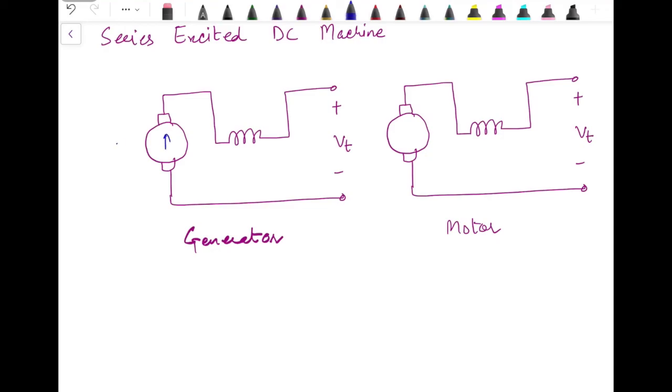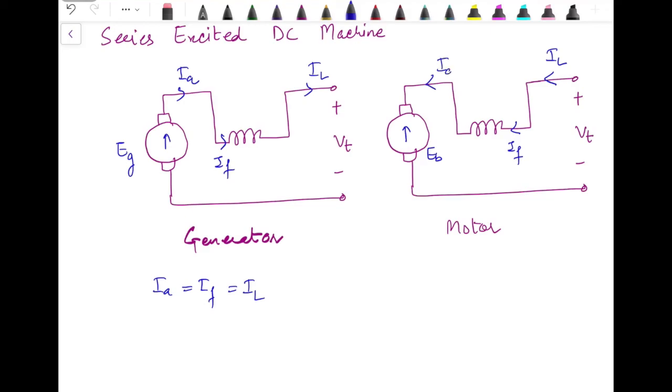In the generator we have induced EMF EG, current IA, through the field winding IF, and through the load we have line current IL. So IA, IF and IL are the same, and in the case of the motor, EB will withdraw current from the supply, IF and IA, and these will have the same value.